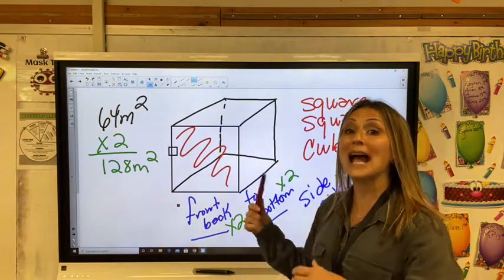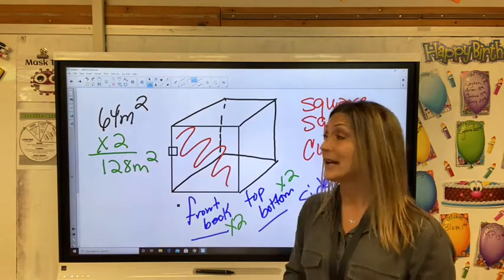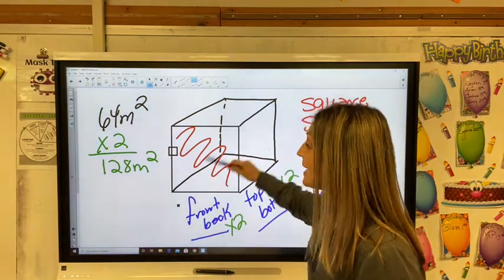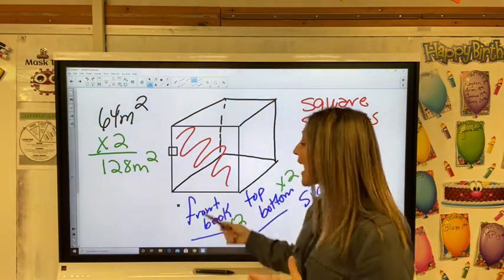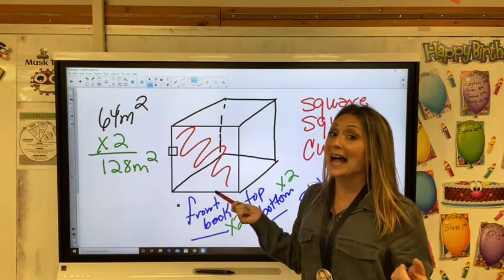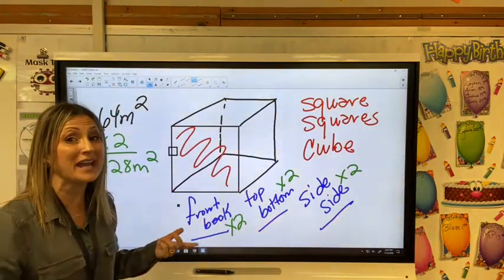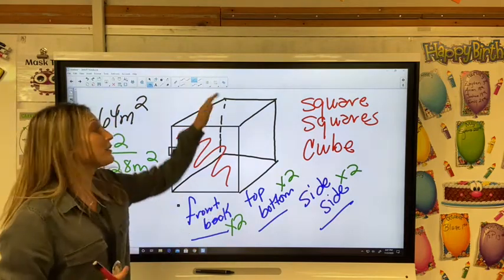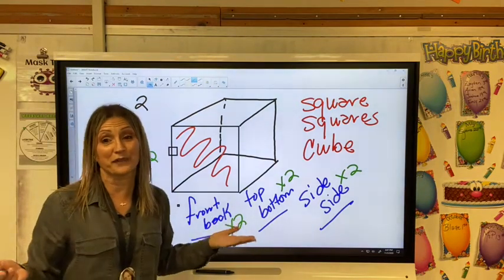Once I find all the surface areas, I'm going to put those together. So out of this cube, I have 128 meters squared, but that's just for the front and the back. This is nice because it's a cube. If the front and the back are 128 meters squared, then the top and the bottom and the sides are too, because it's a perfect square.